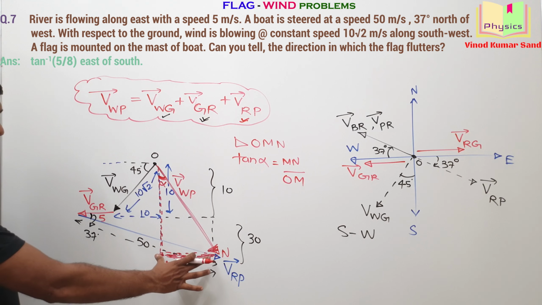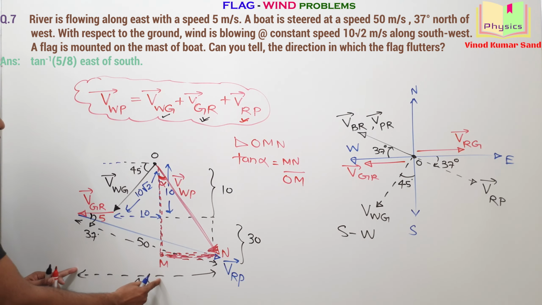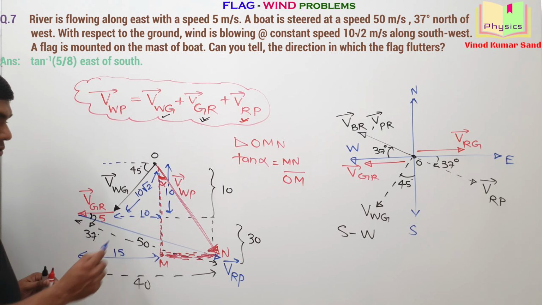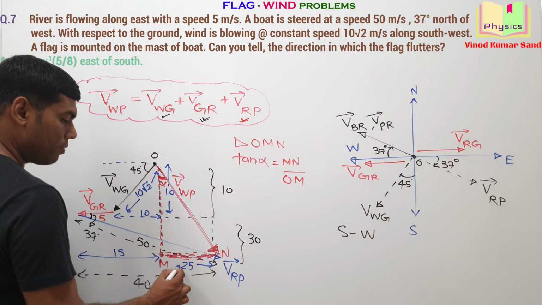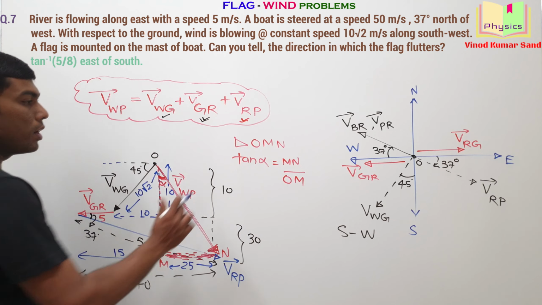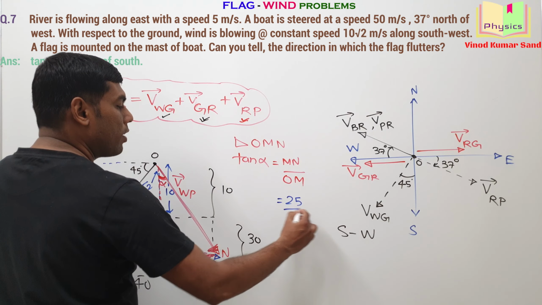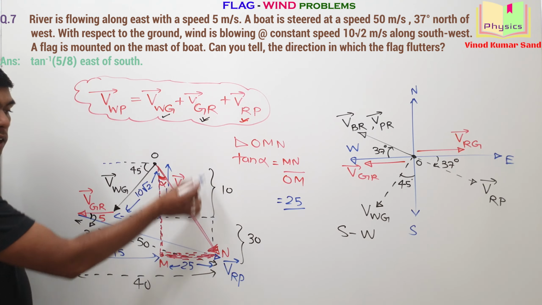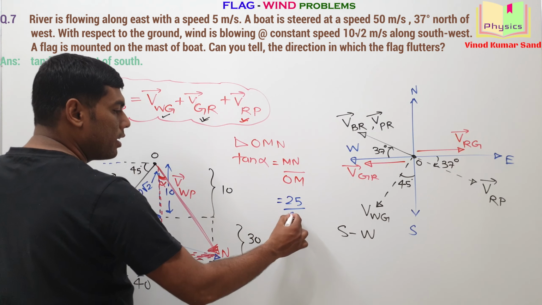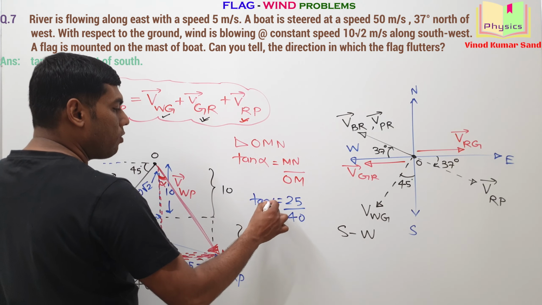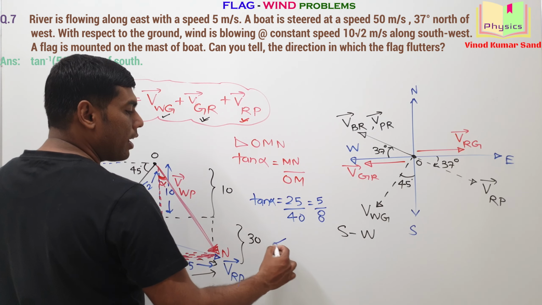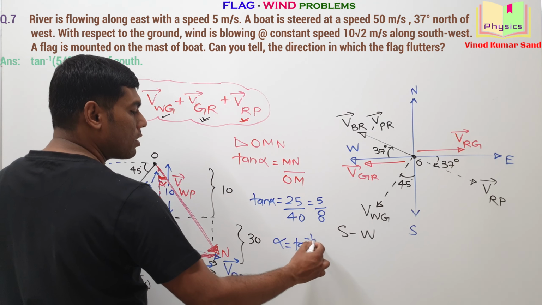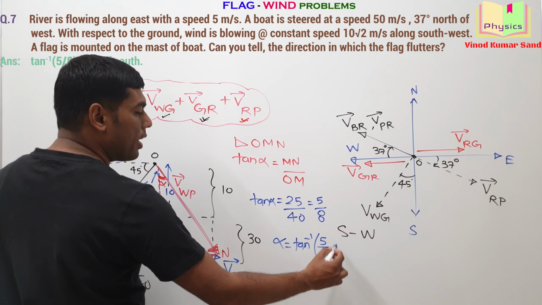Okay, how much is MN? Out of 40, this length is 15. So the remaining length MN should be 25. Clear to you? MN is 25. How much is OM? It is directly visible. This is 40. So the tan alpha comes out to be 5 by 8, or alpha comes out to be tan inverse of 5 by 8.